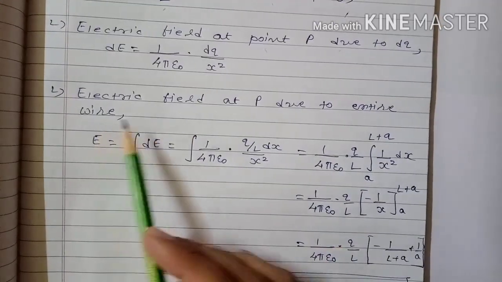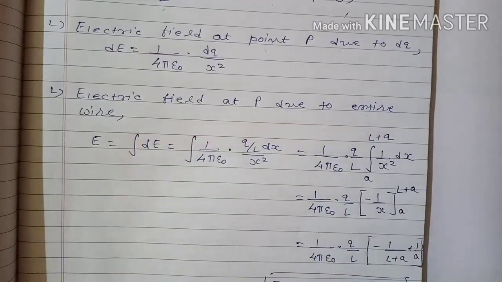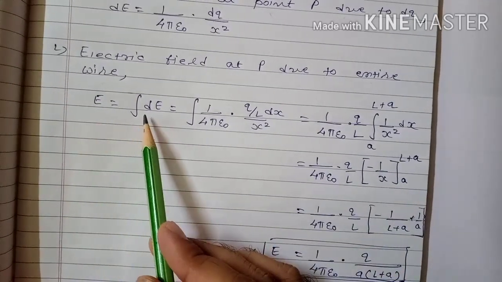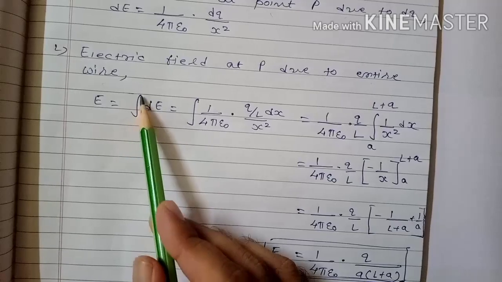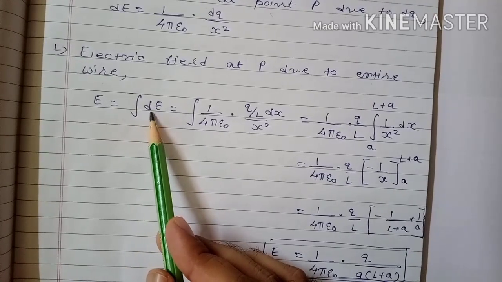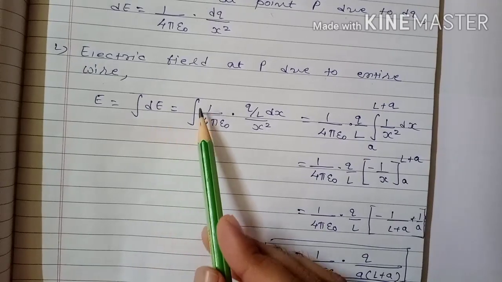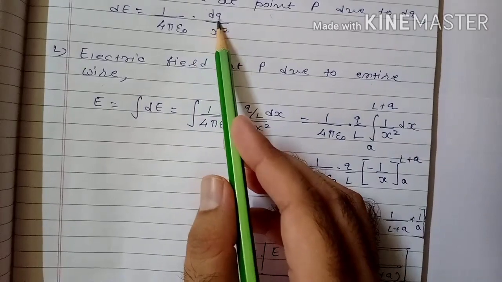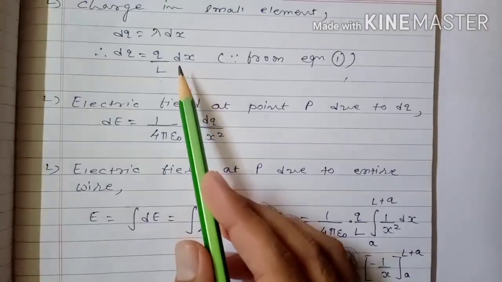Now we have to find the electric field at point P due to the entire wire. For that, we have to take the integration of the small electric field, that is, the integration of the electric field due to the small point charge. E is equal to integration of 1 upon 4 pi epsilon naught dq upon x square. What is dq? Q by L dx.